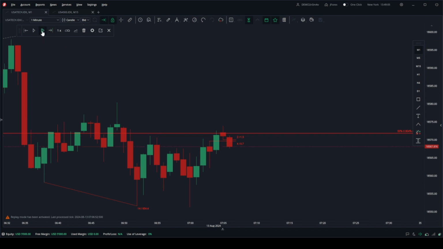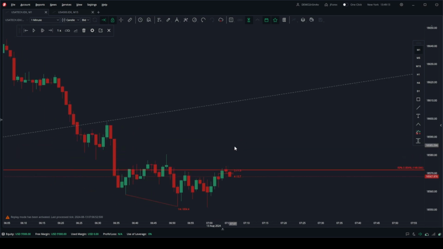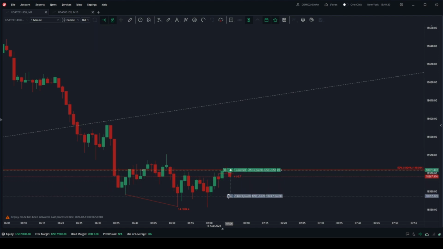If we like here, we already traded back into this, so we could buy right here. There's no problem. When we buy, we do like this and buy from here and put the stop loss.